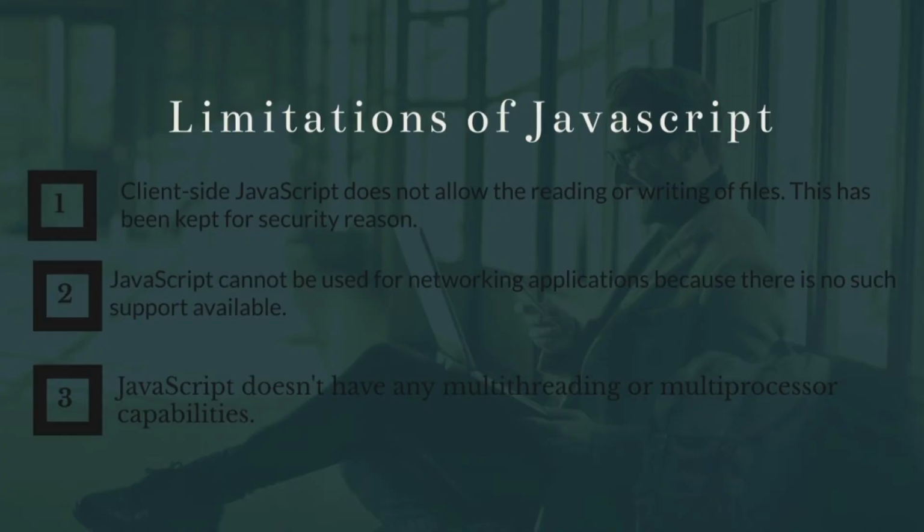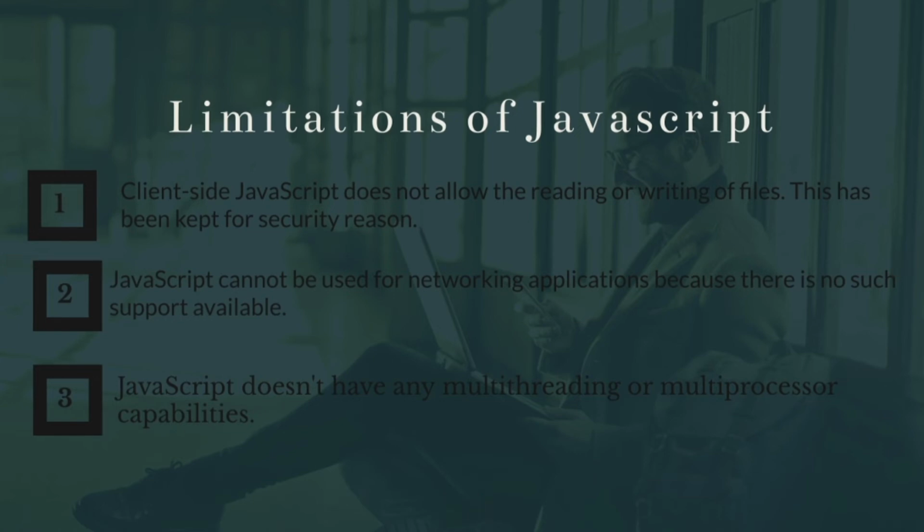Next, some limitations of JavaScript. We cannot treat JavaScript as a full-fledged programming language because it lacks the following important features. Firstly, client-side JavaScript does not allow the reading or writing of files. This has been kept for security reasons.